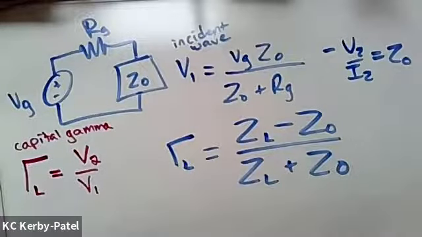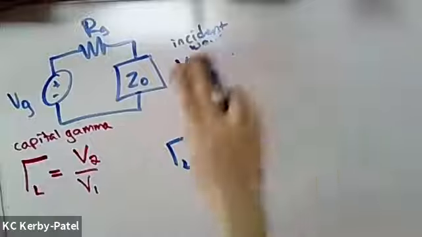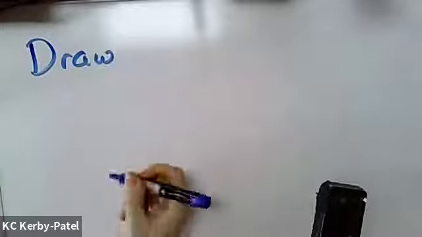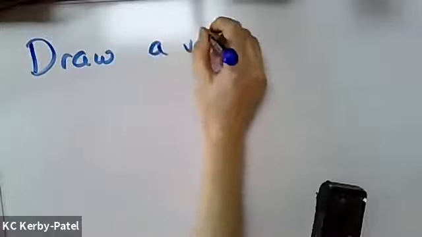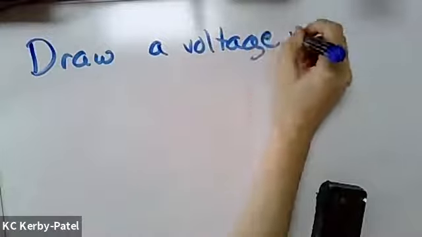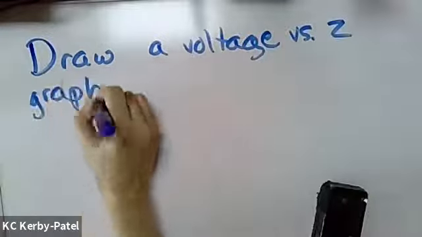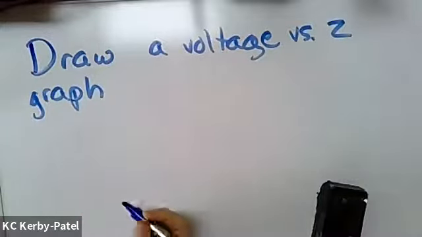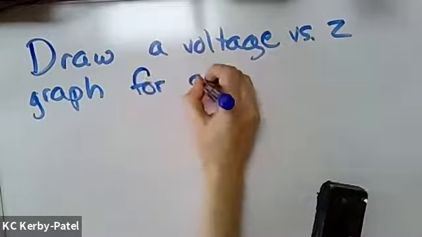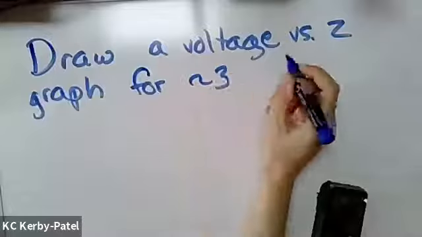This was a whole lot of me talking, and it is time for you to do an activity. Here's the activity. Draw a voltage versus Z graph, like those ones that I was drawing earlier, for about 3 instants in time.